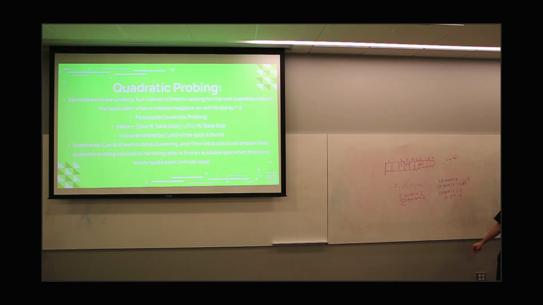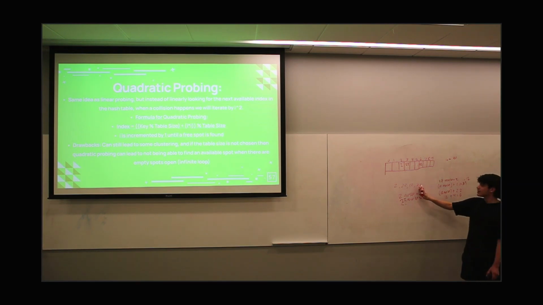So again, since all of these have a remainder of 2, 32 is going to have a collision here. So it's going to move to here when i is equal to 1, and then it's going to move here when i is equal to 2. So in this case, it's going to be 3 times 3, which is 9, right?